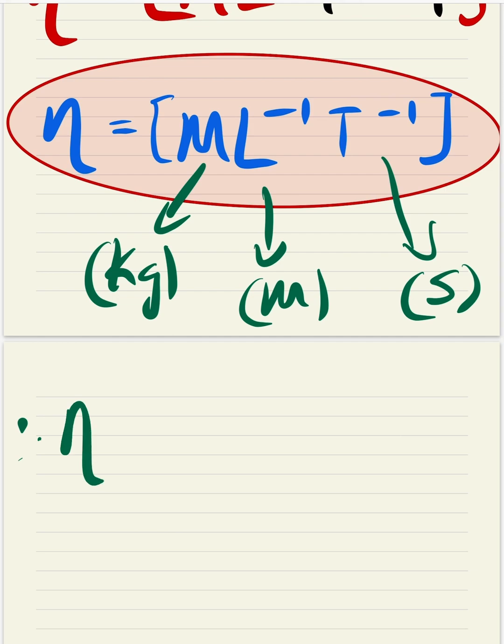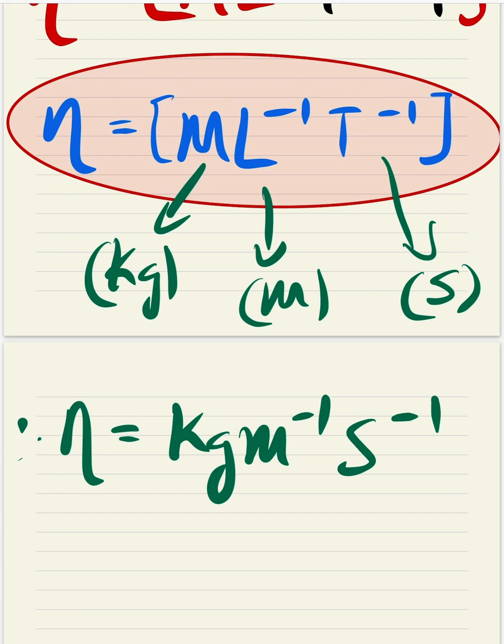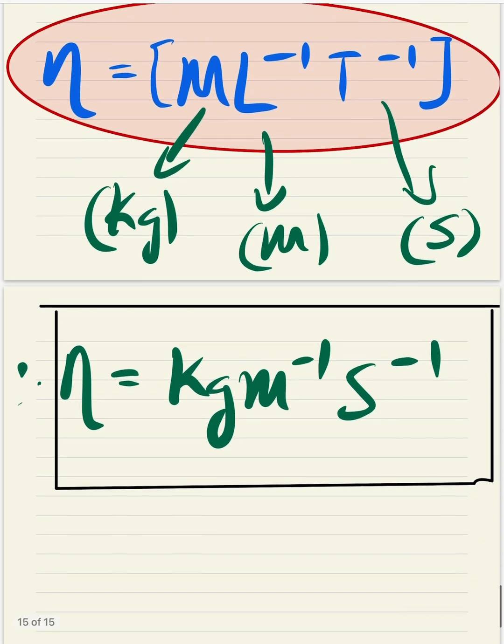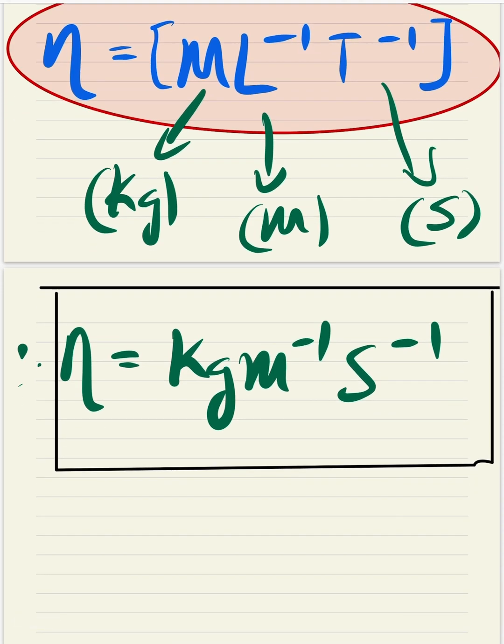If you apply all the powers, that will be kilogram per meter per second. This is what the unit will give us. So you can see it's very, very simple. Like I said, this is going to be the final answer for that. If you want to call this together, you call this kilogram per meter per second.